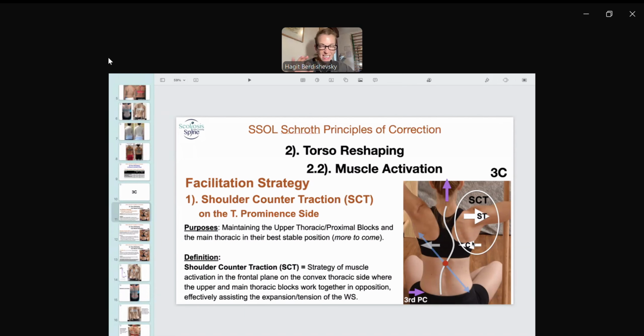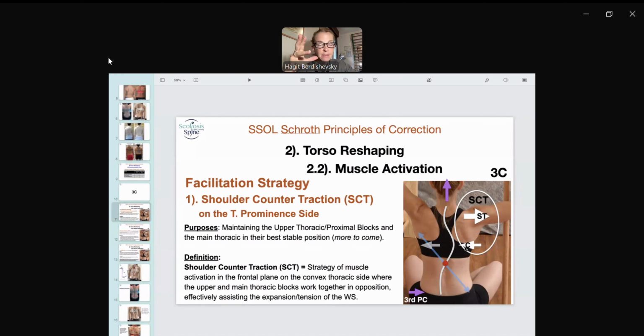I will go into details of the vectors soon, but this is just a general definition. Effectively assisting in the expansion and the tension of the weak side, right here on the thoracic concavity. We, as you know, work from expansions and not so much from contraction of prominences.